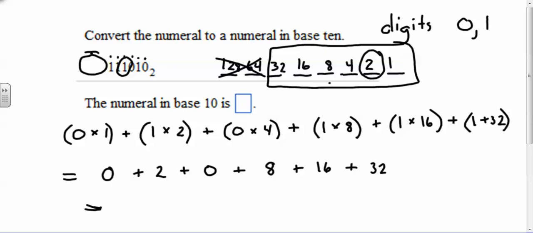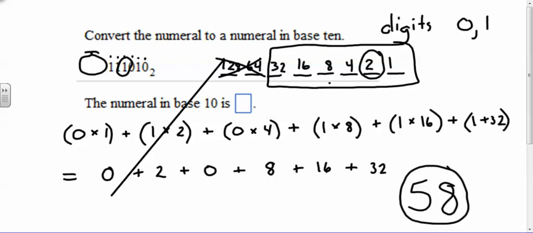And if we add those up from left to right, we have 2 plus 8 is 10, 10 plus 16 is 26, and 26 plus 32 is 58. So 58 is the base 10 numeral. So 111010 in base 2 is equivalent to 58 in base 10.